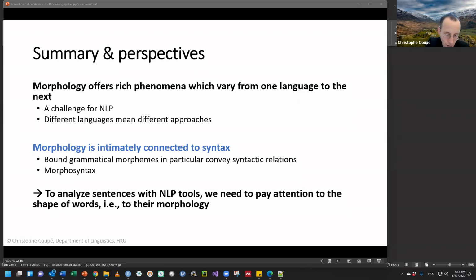I put it very broadly. I just want you to understand this idea, this concept.